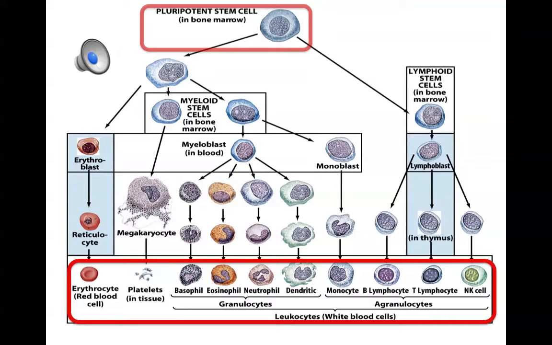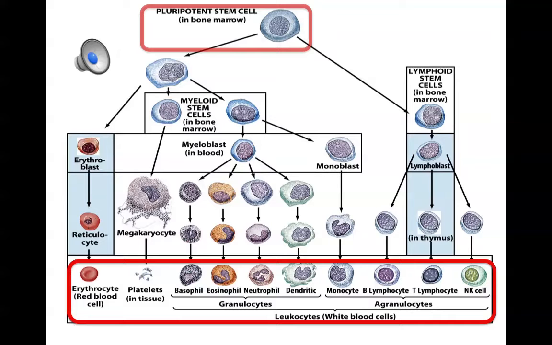Initially, those cells in the bone marrow that are responsible for the production of all types of white blood cells are called hematopoietic pluripotent stem cells. Pluripotent means these cells have the potential to transform or change into virtually any type of cell. And hematopoietic is a descriptor that tells us what kind or type of cells: blood cells.